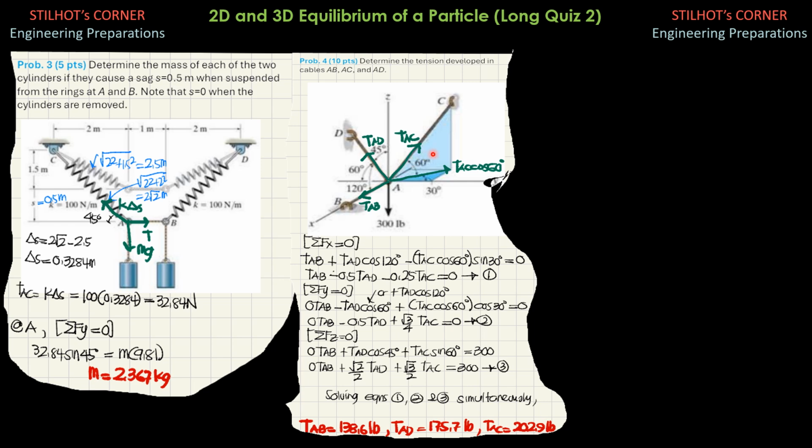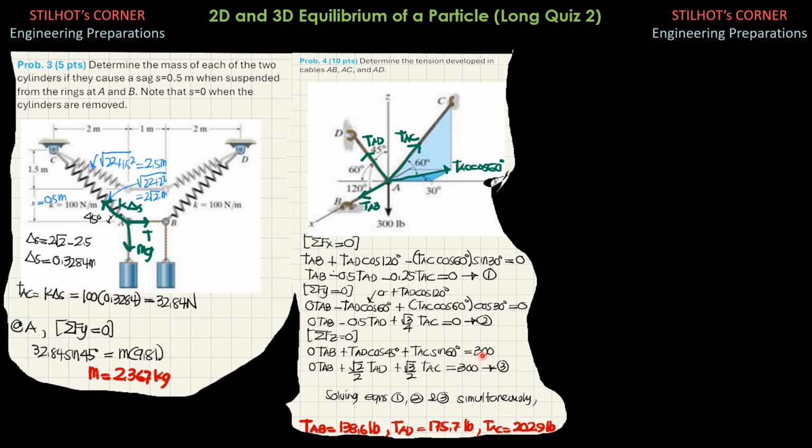The angle theta Z for tension AC is 30 degrees, so anyway, I'll just use this 60 degrees. It is tension AC sine of 60 degrees, positive. It is upward. So plus tension AC sine 60 degrees, then equals this force 300 in the negative Z direction.